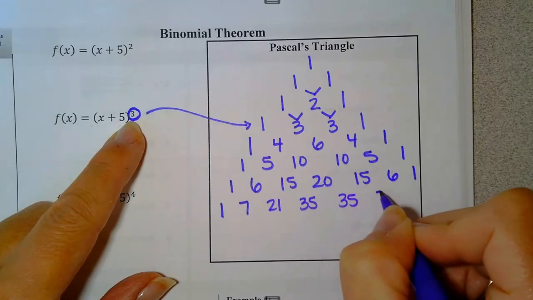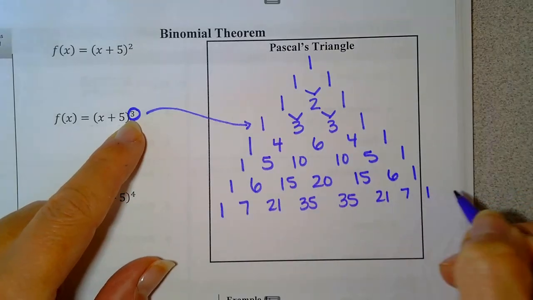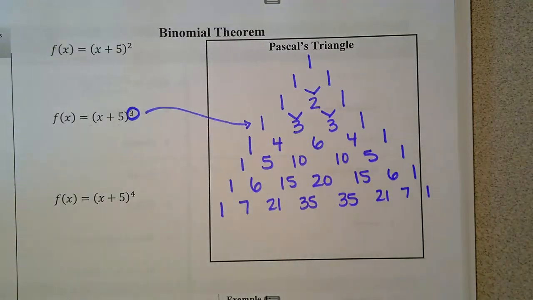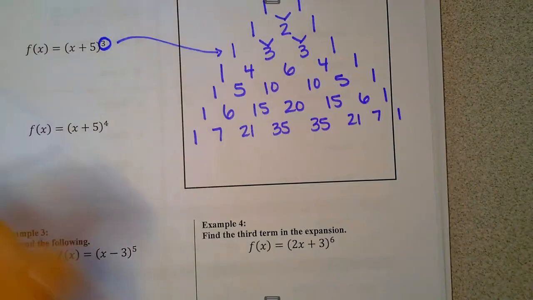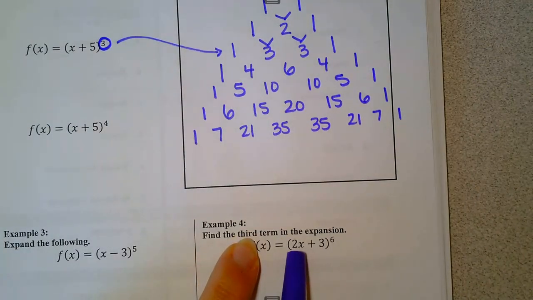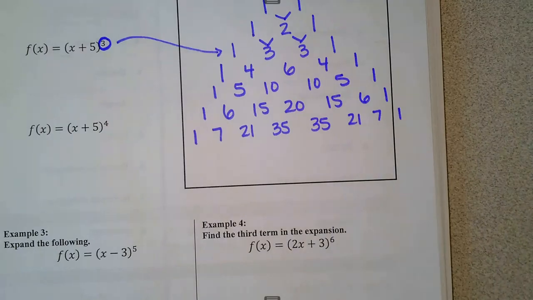So the thing with pre-calc, they're probably not going to ask you to expand it, because that's kind of easy. But they might ask you, like this example down here, find the third term. So they'll want just one of the random terms, okay? Which you end up having to do kind of the same process.